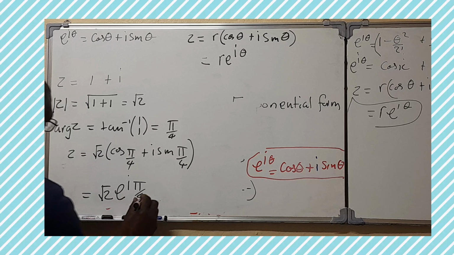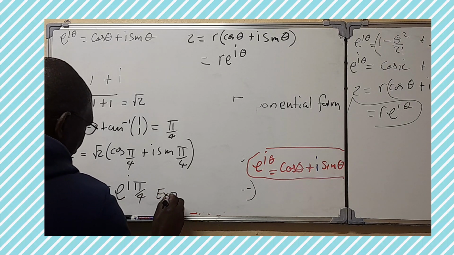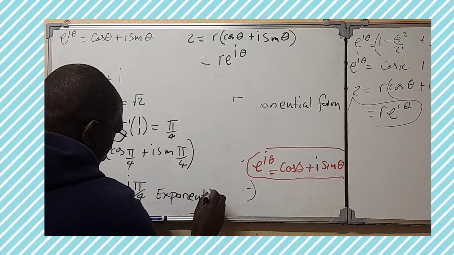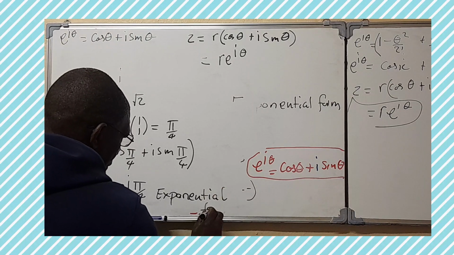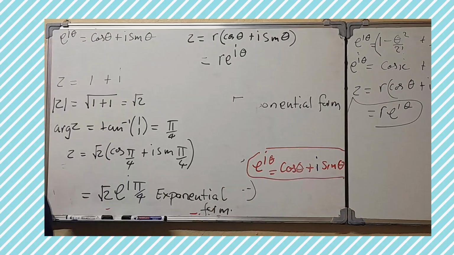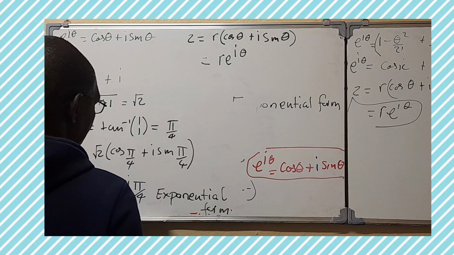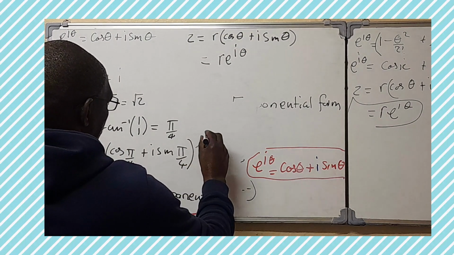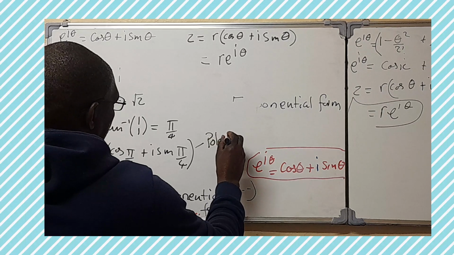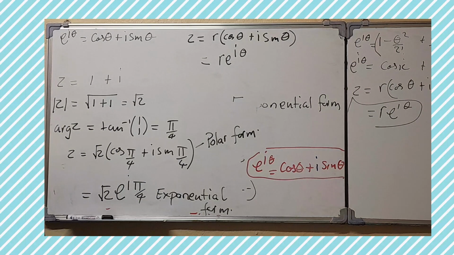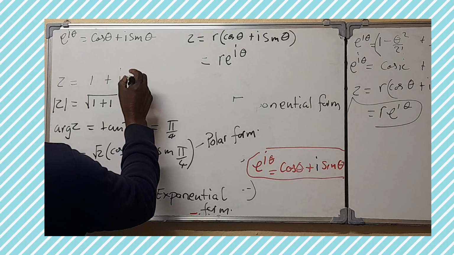So let's write it here. Exponential form. This one would be your polar form. And this, of course, here is your rectangular form or standard form.